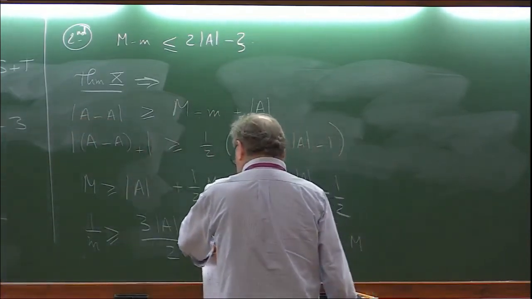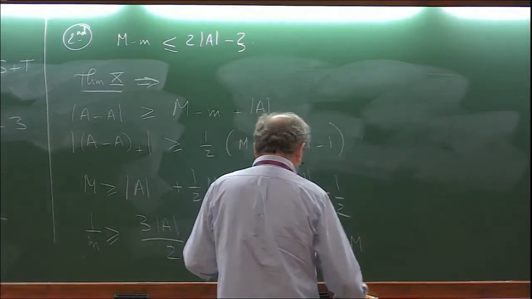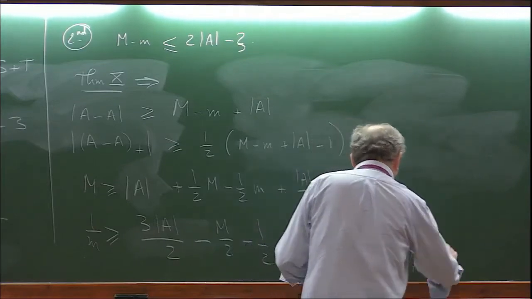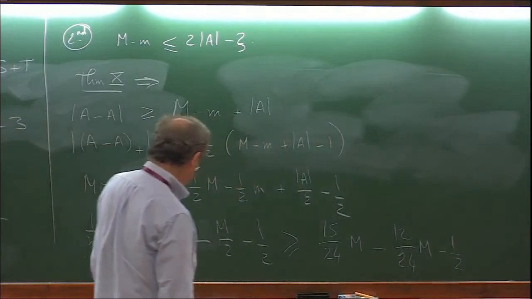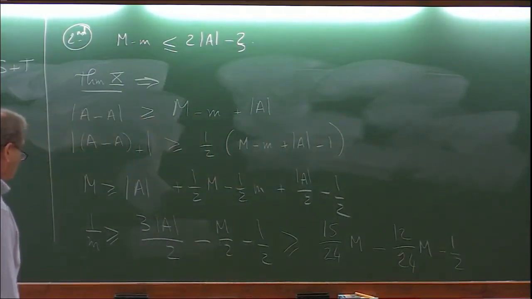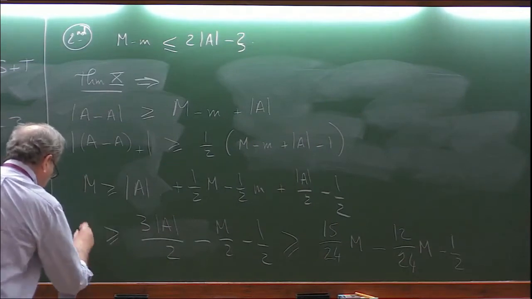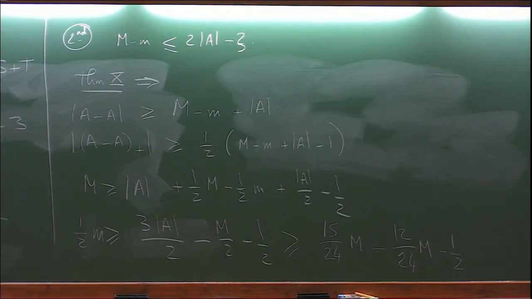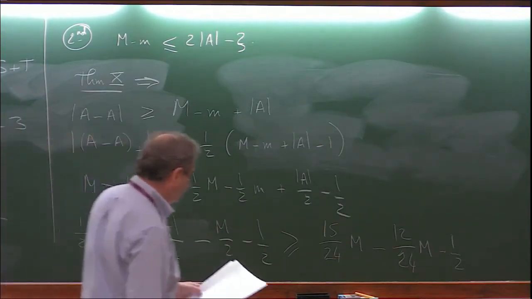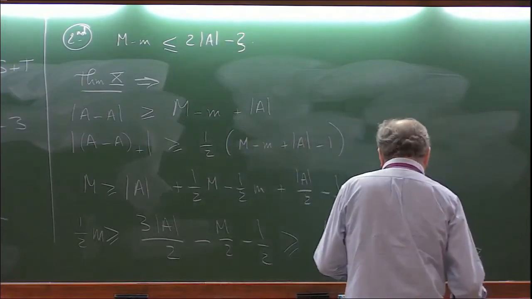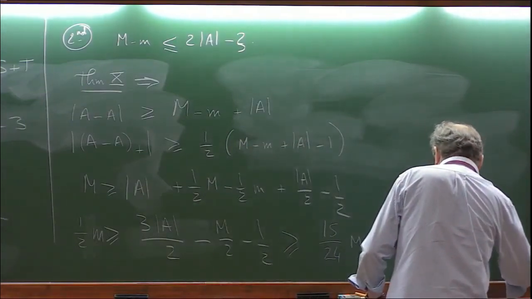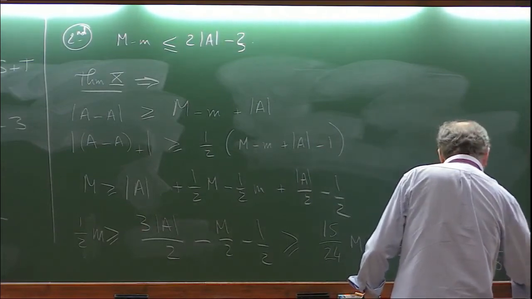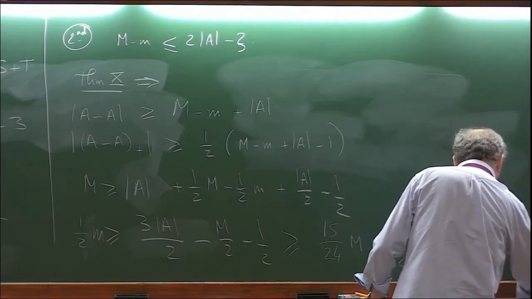And then you have something which is minus 1/2, which is 12 over 24m, okay? And then you have still this constant, you don't care much. And what you get is that, what I say, 1 over 2, no, it's 1 over 2m. It's not m, it's 1 over 2m, is larger, and this is larger than m over 8 minus 1/2.